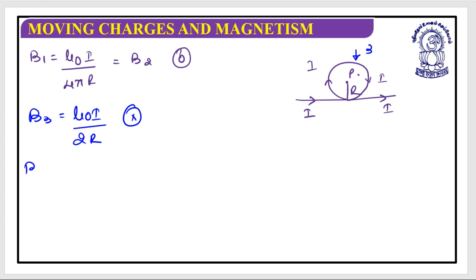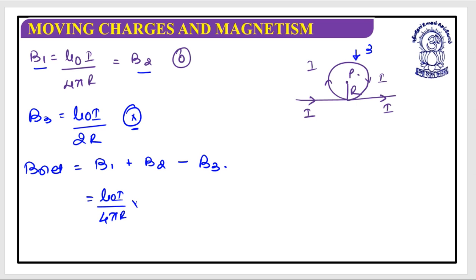So this B net would be equal to, I'm going to add these two because they have the same direction, and I'm going to subtract B3 from this. It's B1 plus B2 minus B3. So this would be mu naught I by 4 pi R multiplied by 2 minus mu naught I by 2R.